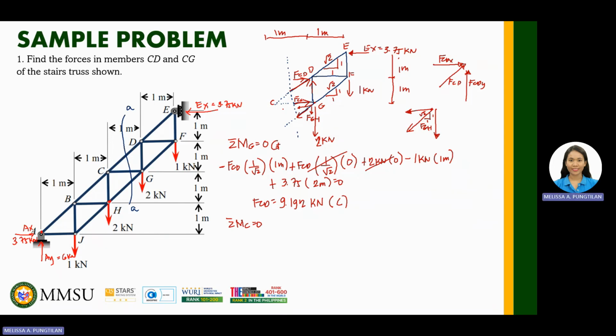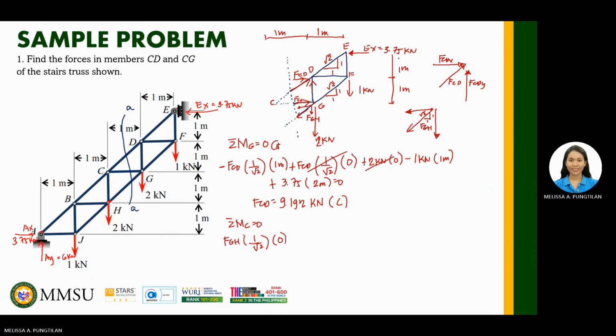Okay, so mag-moment daw tayo dun sa point C. So, pag nag-moment tayo sa point C, nandito yung X component ng GH, wala ulit tayong perpendicular distance, no? So, yung FGH multiplied by, ano yung perpendicular distance? Yung x0, diba? So, we have 1 square root of 2 for the x component, tapos 0. Ito yung FGH.